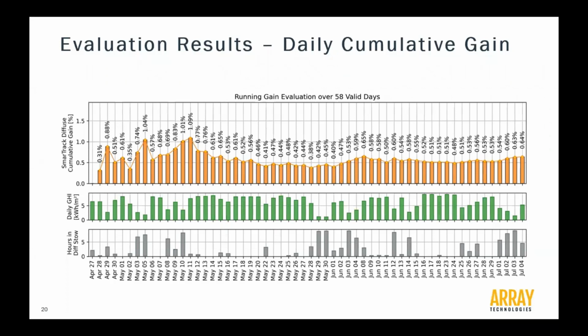Over the 2-month period, the cumulative gain stabilizes, only increasing or decreasing slightly with consecutive cloudy or clear days. The plot also shows how a sufficiently long evaluation period of over a month is necessary to evaluate this diffuse stow function, in contrast with the evaluation of the backtracking optimization that requires only a couple of sunny days.